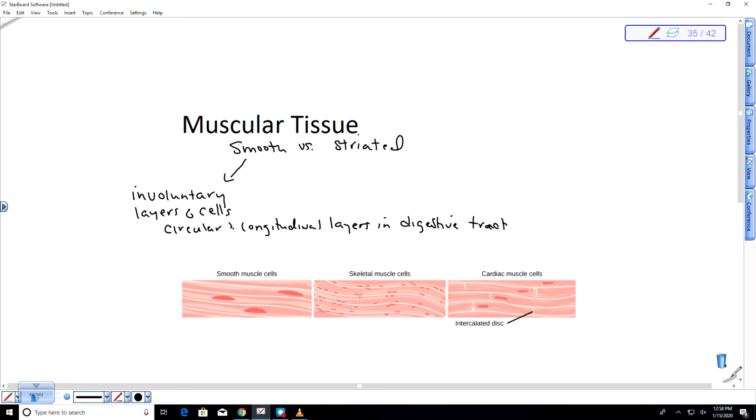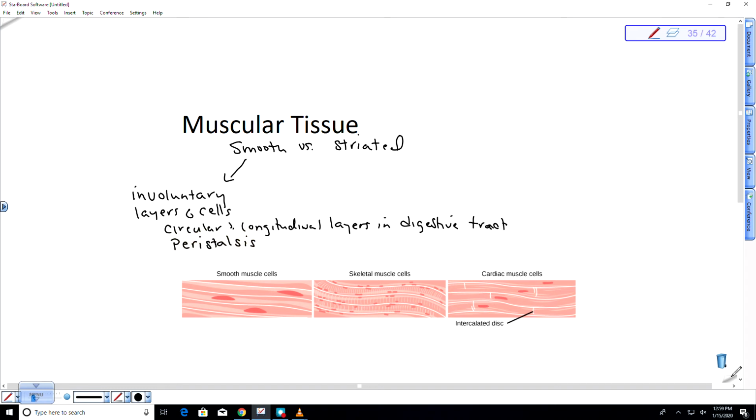So when the circular contracts, it actually causes the lumen, the opening in our digestive tract, to become smaller. And then with the longitudinal layers, it causes a shortening of the digestive tract. So when we have those working in coordination with one another, the circular and longitudinal layers, we call this peristalsis.